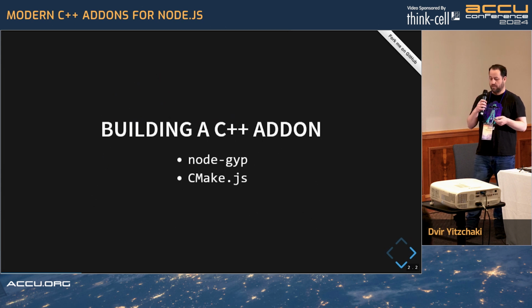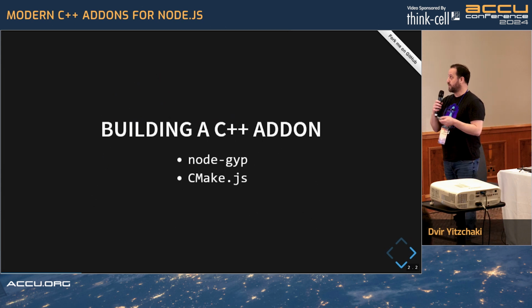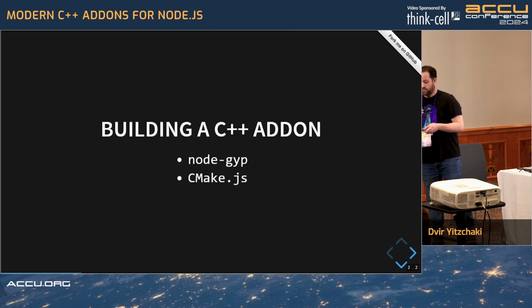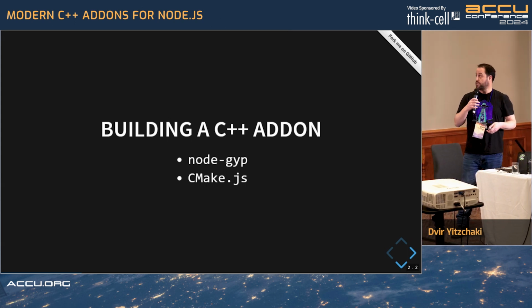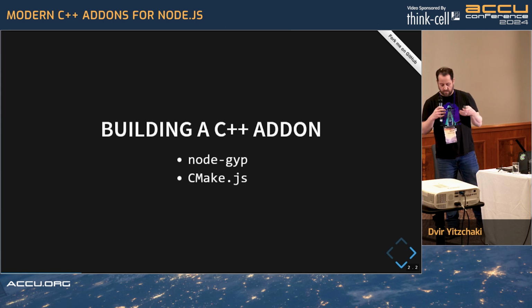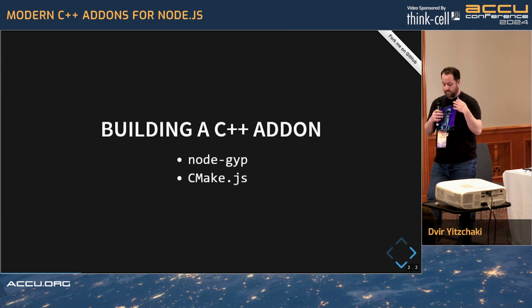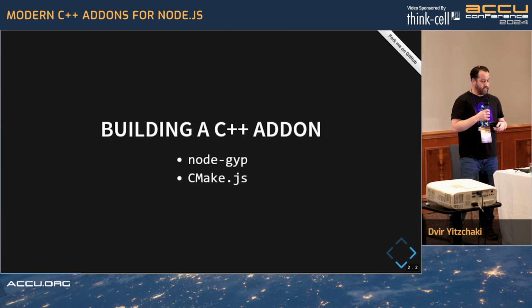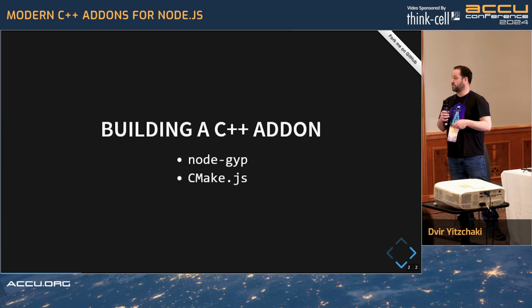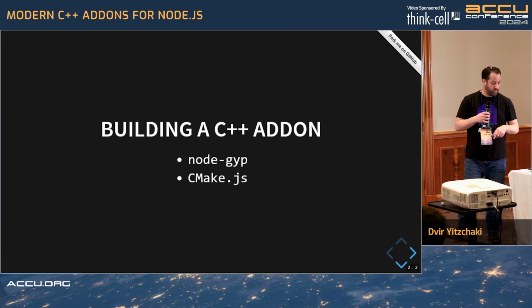All right, so how do you create this add-on? At the beginning, when they started working on it, they used GYP, which was the Chromium build system, and that is written in Python. So you basically need Python to use that.